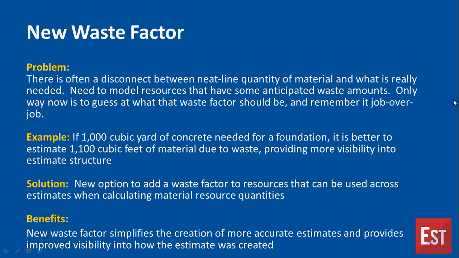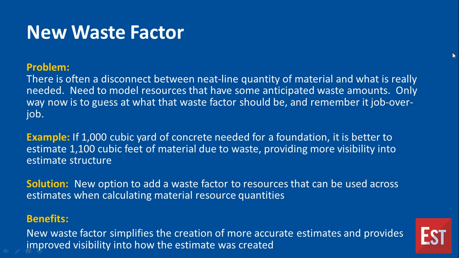So let's talk about the new waste factor. There are certain types of resources and materials, for example concrete or piping, that typically involve some level of waste. If you know about it beforehand, you can account for it within the estimate.